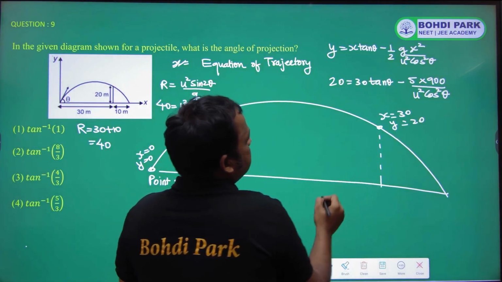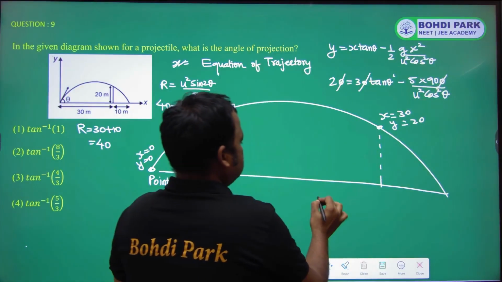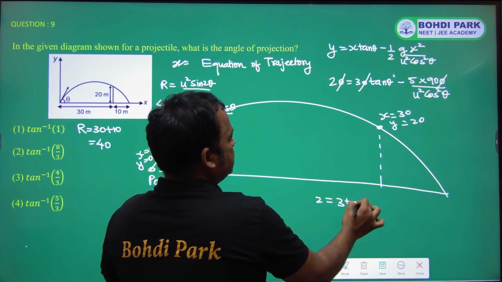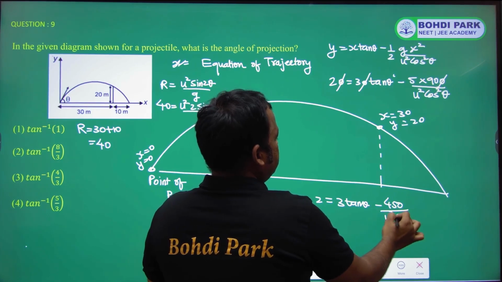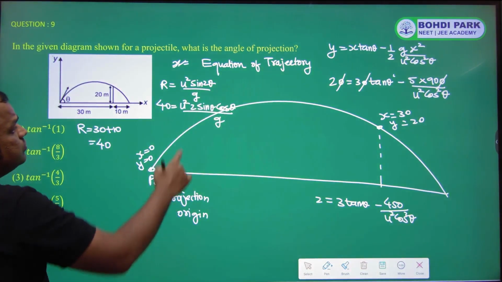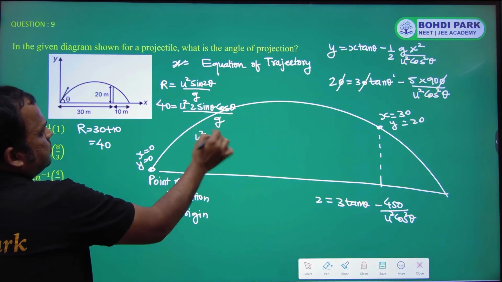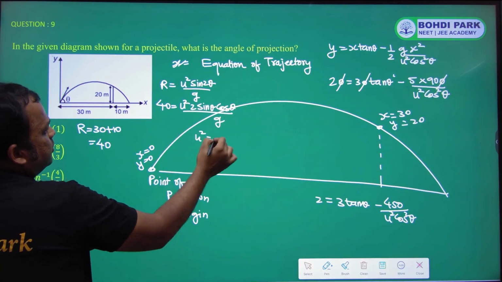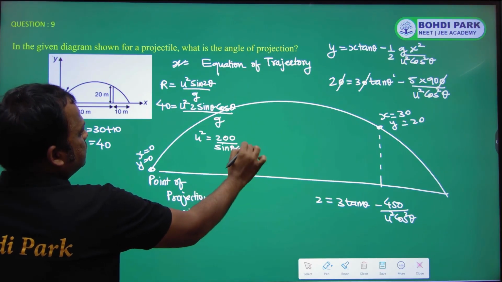So using this we have 2 is equal to 3 tan theta minus 450 by u square cos square theta. Now u square value we will find from here. So u square is equal to 400 by 2, that is 200 by sin theta cos theta.